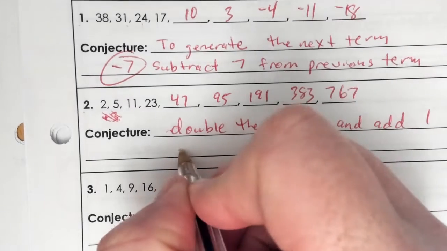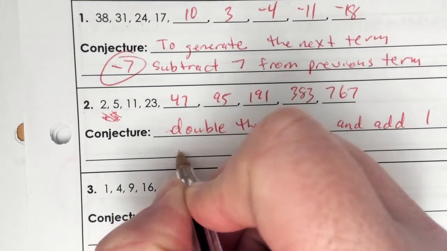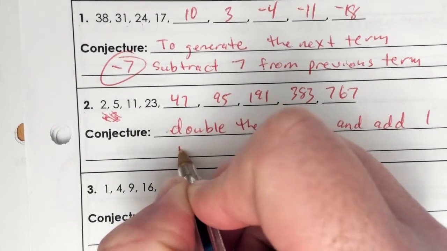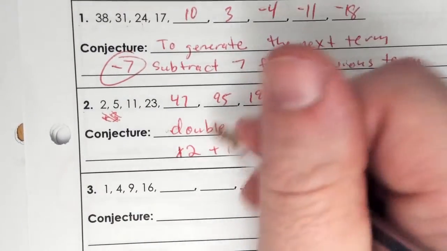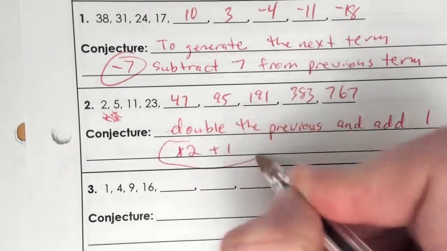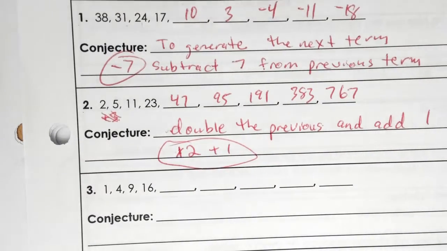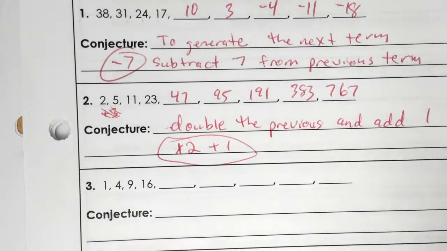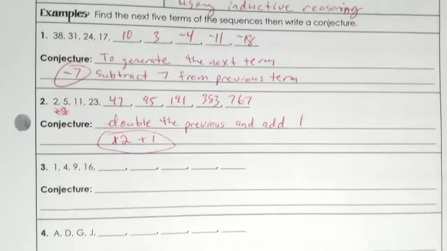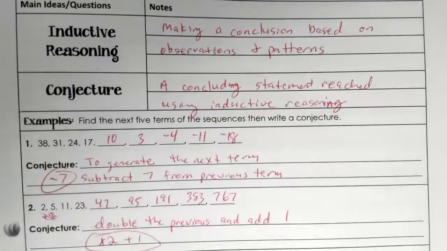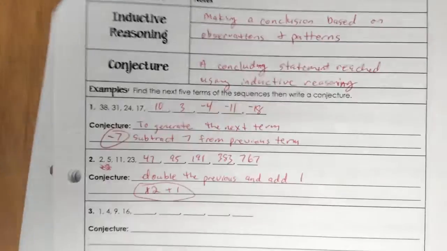But if you said times 2 plus 1, I can roll with that. As long as you have the right idea, I'm down. All right, sweet. And that's it. Just anything basically about that idea, I'm happy. We're going to be doing the next problems, at least one each day to keep up this pattern. So that right there, that's inductive reasoning.